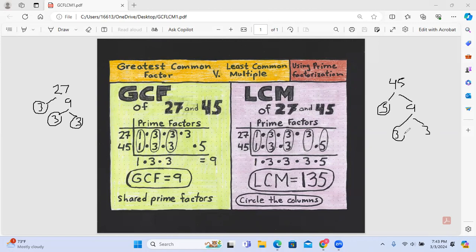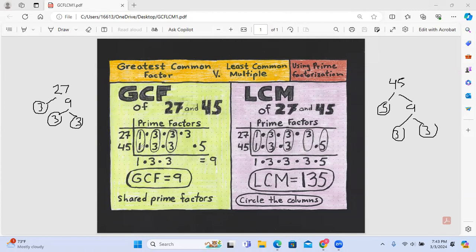And there you have it. The prime factors of 45 are 3 times 3 times 5. All numbers, composite or prime, have 1 as their first factor, so we just put 1 there to ground us in our understanding of this concept.